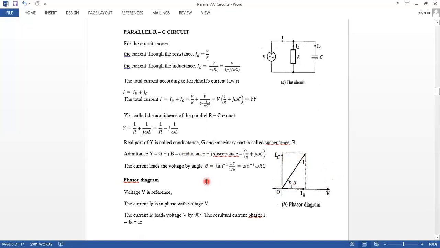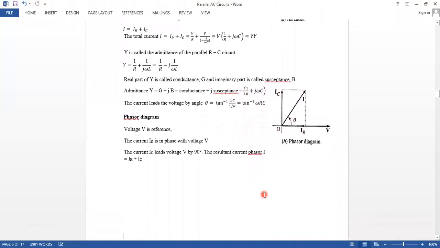This theta is given by tan inverse of the imaginary component omega C divided by the real component 1 by R. So we get tan inverse of omega RC. So the total current I can be found out by finding the currents IR and IC.